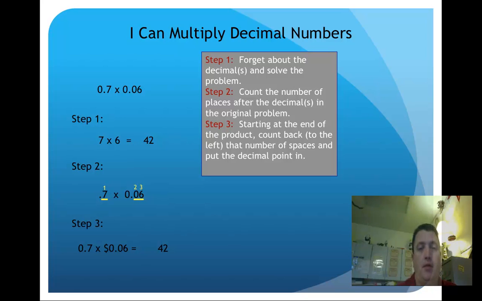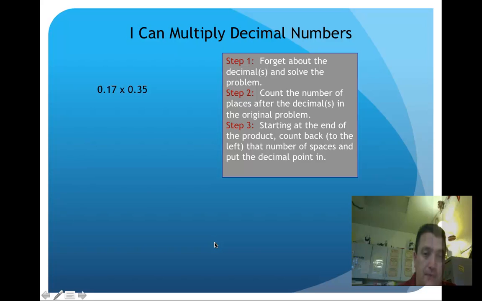Step 3, I'm going to start at the end of the product, way down here at the right after the 2, and count back 1, 2, 3 spots. Now I have to remember I'm going to put a number in here as a placeholder, and hopefully remember that that's a 0. Then we put in our decimal point. And so we end up with, and I'm not sure why there's a dollar sign there, pretend that's not there, 42 thousandths is our answer because there were 3 decimal places we worked back from.